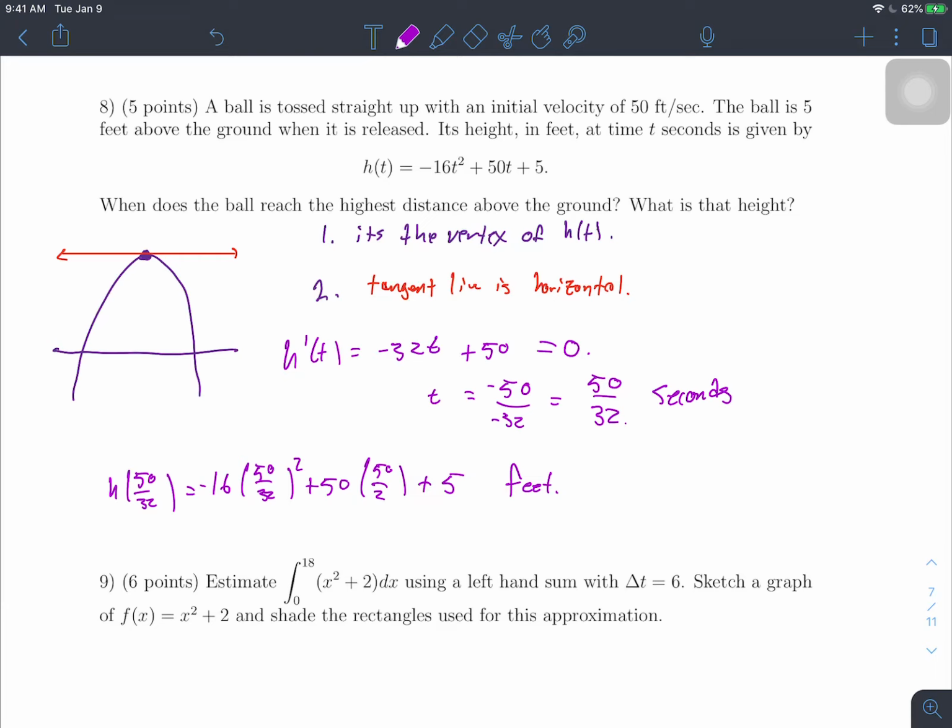Okay, so that's how we would use our more calculus techniques to do this problem, although you don't really need calculus to do this problem.